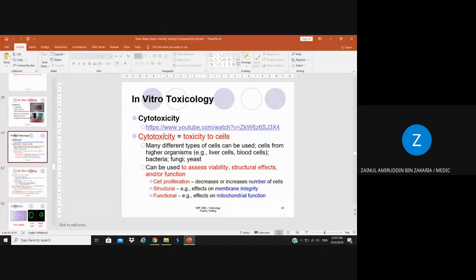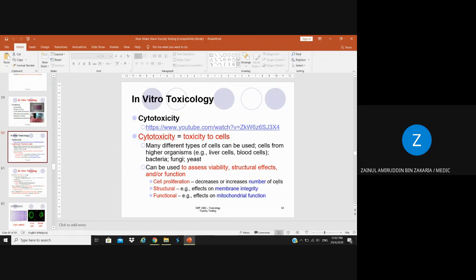Okay, I told you just now, cytotoxicity is toxicity to the cell. So it can be used to assess viability, structural effects, and or function of the cell. For example, cell proliferation, whether there is a decrease or increase in the number of cells, whether if you give your substance, your plant extract, it can reduce or increase the number of cancer cells, for example, or reduce or increase the number of normal cells.